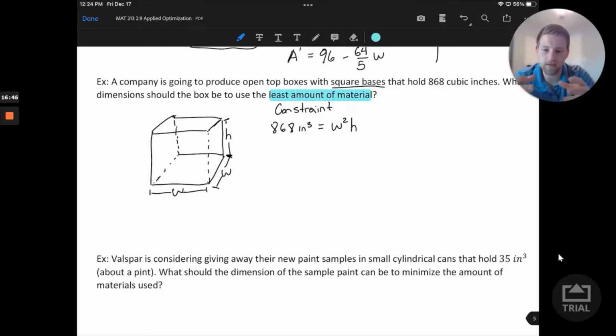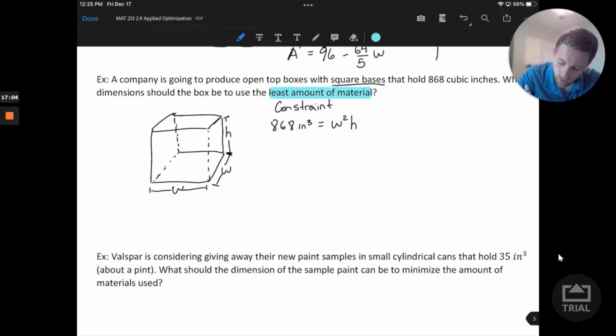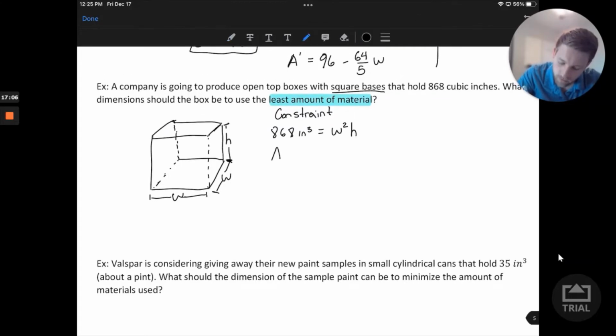We want to minimize the amount of cardboard itself that we're using. And so that would be really a surface area question. So if I take a look at the surface areas that I'm working with, again, I don't have a top. So I'm thinking about the surfaces, and I'll just call this the area function, the surface area. And again, this is what we want to optimize.